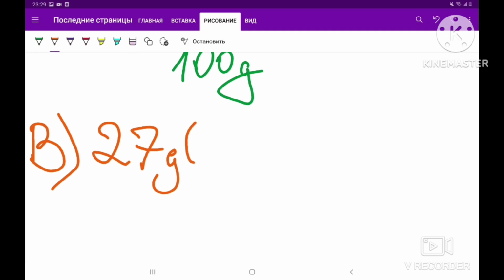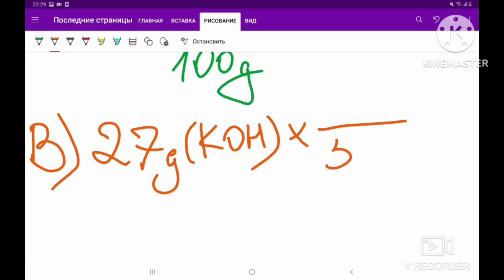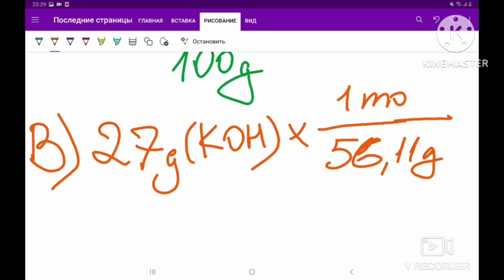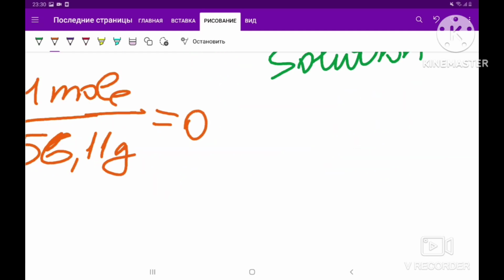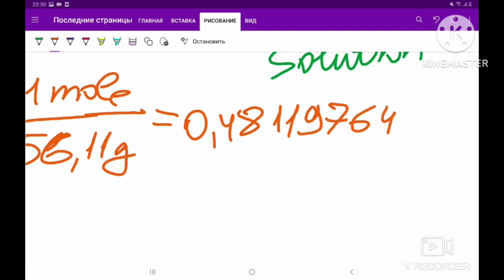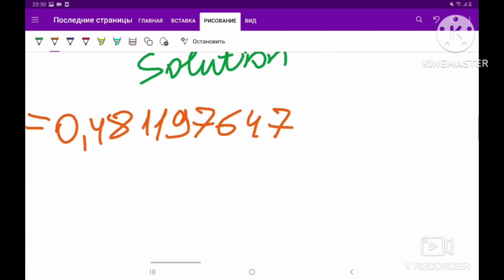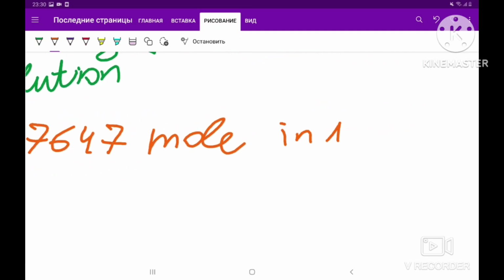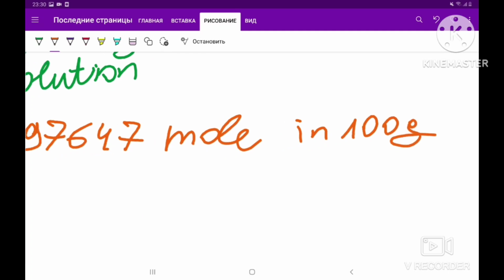You multiply it by the molar mass, as we said, 56.11 gram in 1 mole. Mole in 100 gram. But indeed, it's not 100 gram.